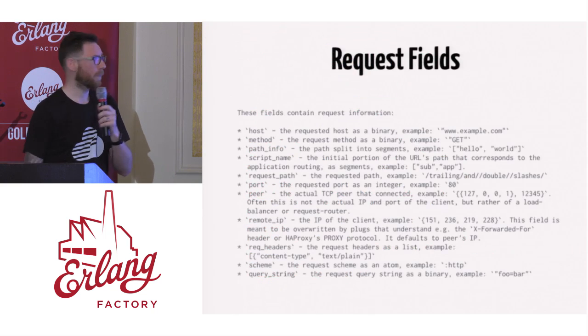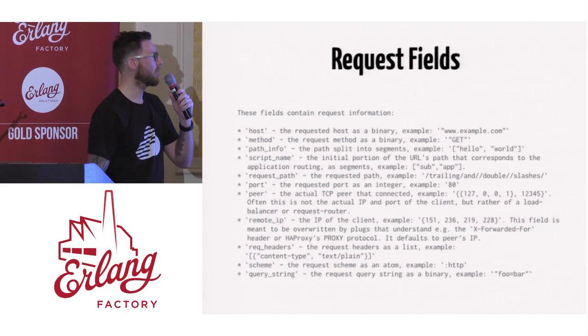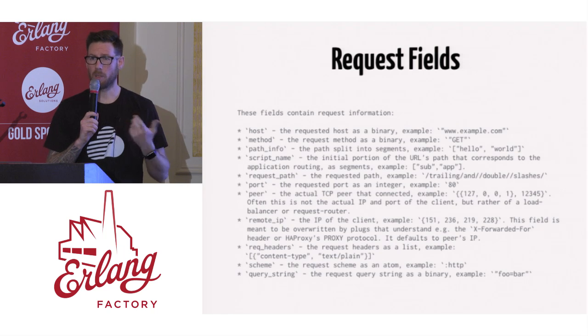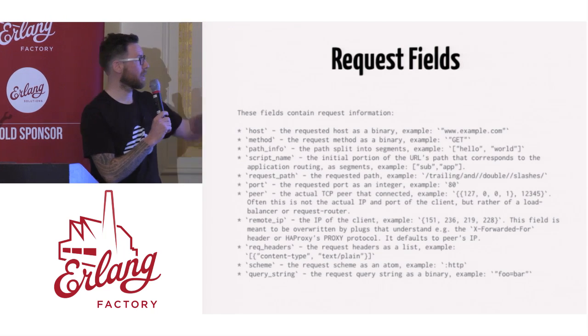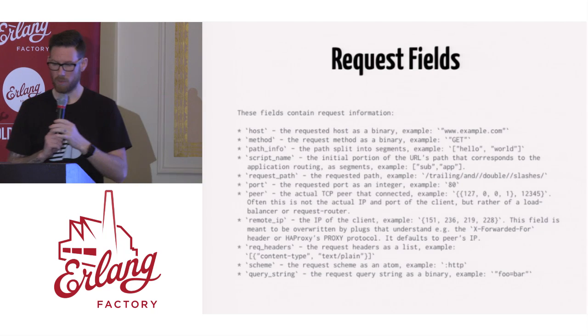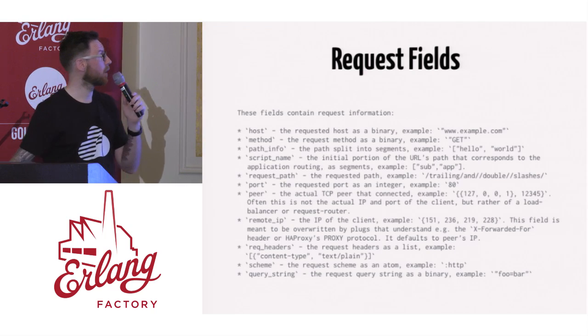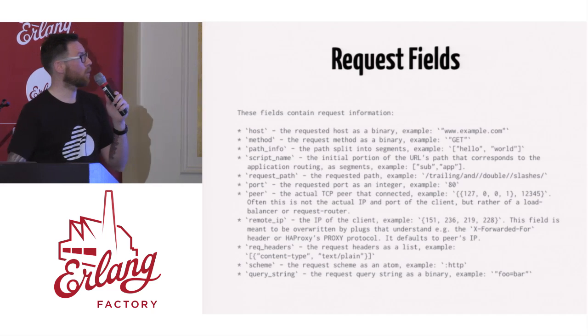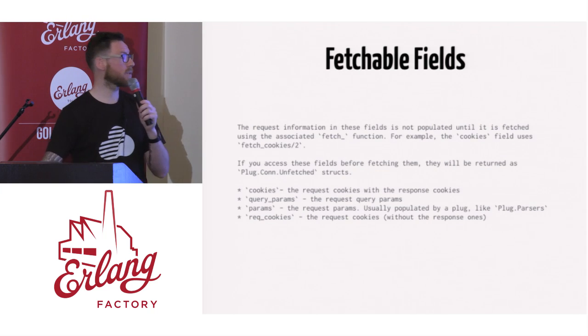So as I said, this comes from the Plug documentation, and the Plug documentation is pretty fantastic. It actually explains every single field that's in here and gives you an explanation of what they are supposed to be there for. So we have request fields, fetchable fields.